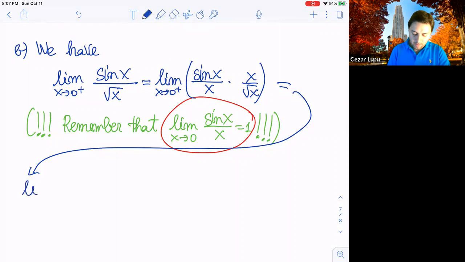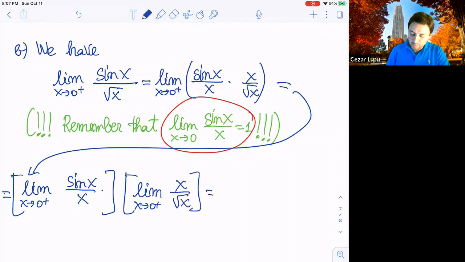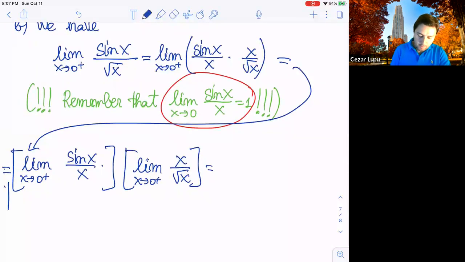So this will be the lim as x approaches 0 from the right of sine of x over x times, and now I'm going to use the product rule, lim as x approaches 0 from the right of x over square root of x. So here I used the product rule.